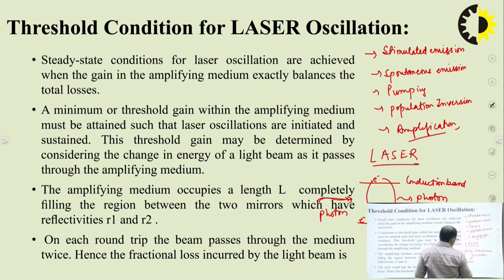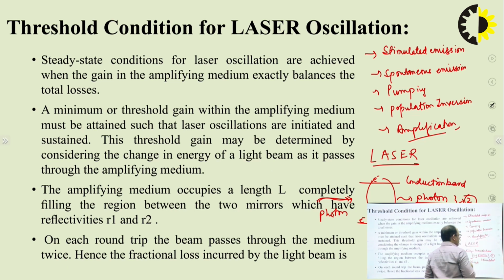This photon has enough energy to knock out the electron, and then another photon is released. They both have the same phase. That means one photon can produce two photons, and this process is known as stimulated emission.